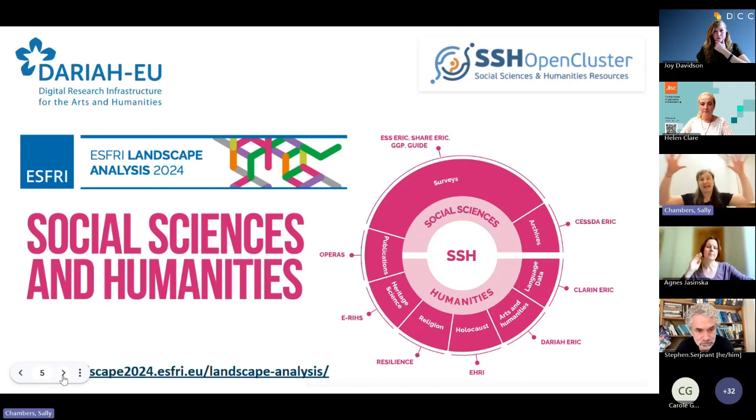Basically it is the umbrella organization with which research infrastructures at the European level are integrated. And here on this beautiful visualization, these are the 11 or 12 research infrastructures that are currently under the banner of the social sciences and humanities.